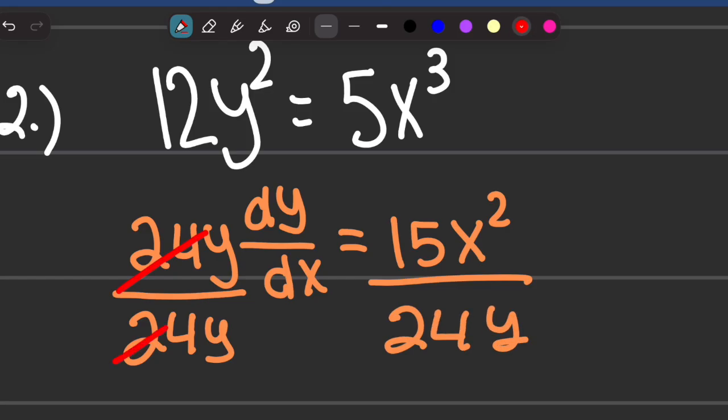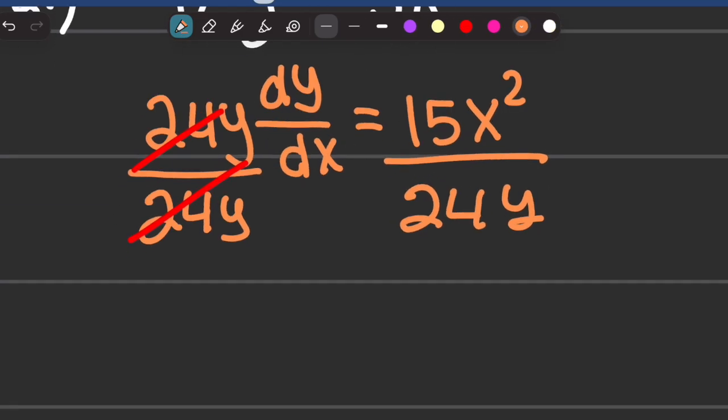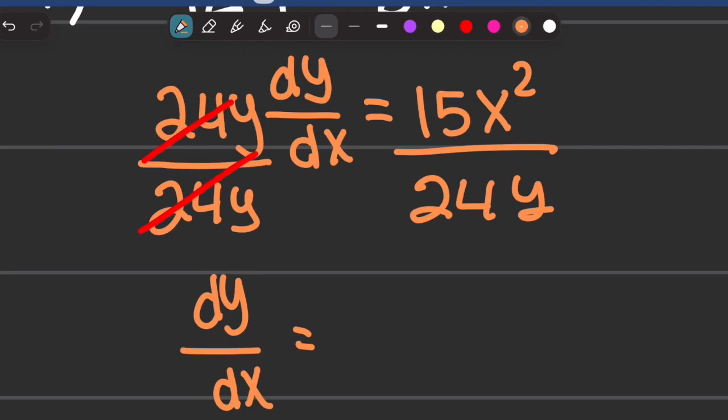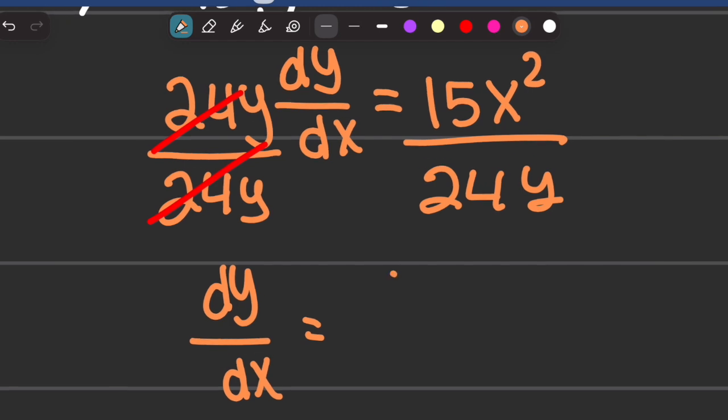So now these are going to cancel, and I am now left with dy over dx equals, and now we can simplify 15x squared over 24y. So we can write this as 5x squared over 8y, because we can divide top and bottom by 3.